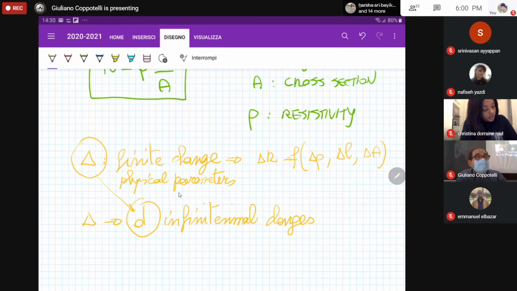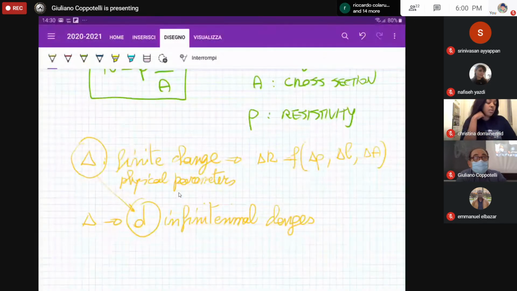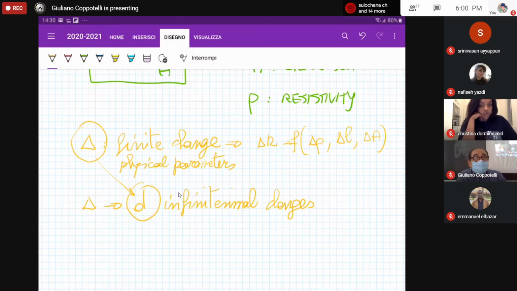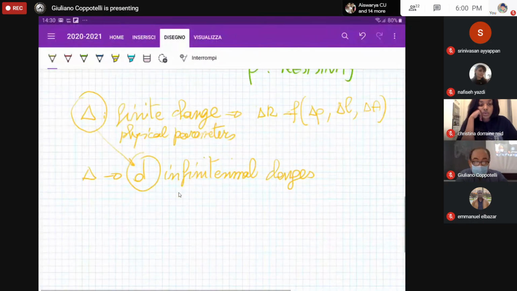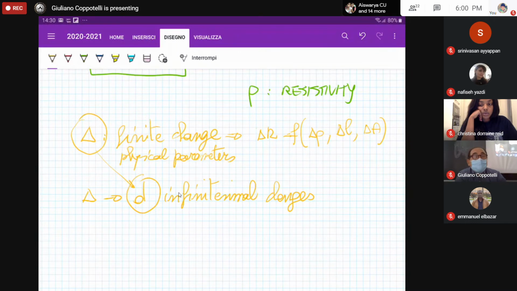Okay, because everything is small, what we can say is that the change of the resistance could be thought as a superimposition of the three different effects. First, the resistivity, then the length, then the cross-section. Everything is small, so the overall change of resistance is given by the sum of all the three independent changes of resistance.